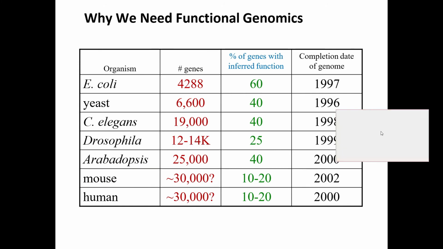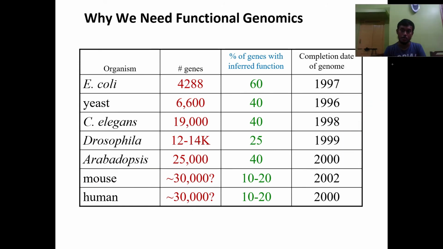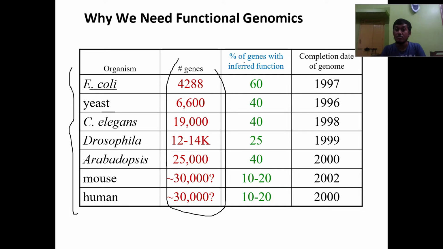Moving on, why do we need functional genomics? As you can see, different columns are mentioned with the organisms' names, such as E. coli, yeast and others. You have the gene number depending on the organism, and the percentage of genes with inferred functions. From this functional genomics technique, we get the percentage of genes that have a specific assigned function.